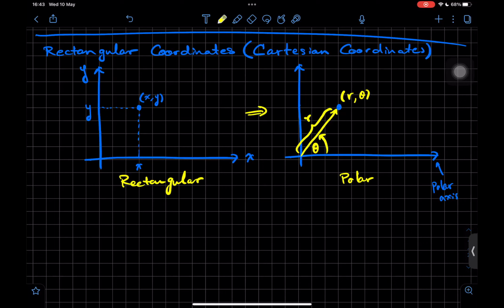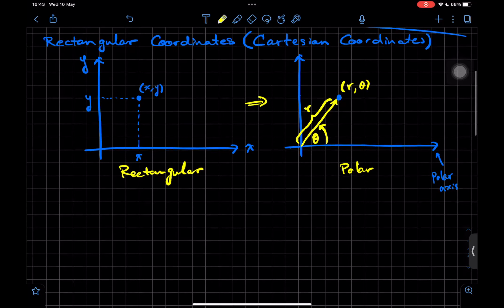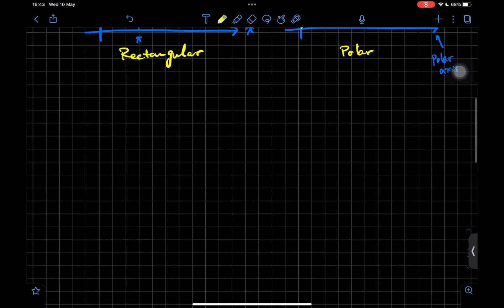Okay, so how are we going to change from the rectangular coordinates to the polar coordinates, right? To polar. Okay, if we want to change from rectangular coordinates to polar, then we have x and y, right?